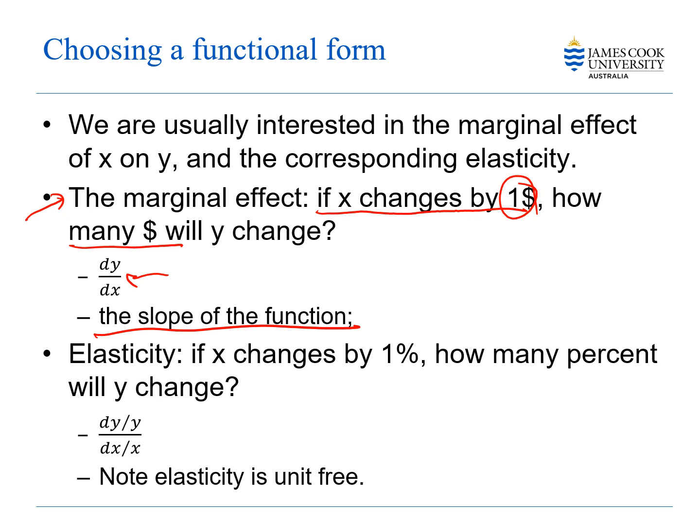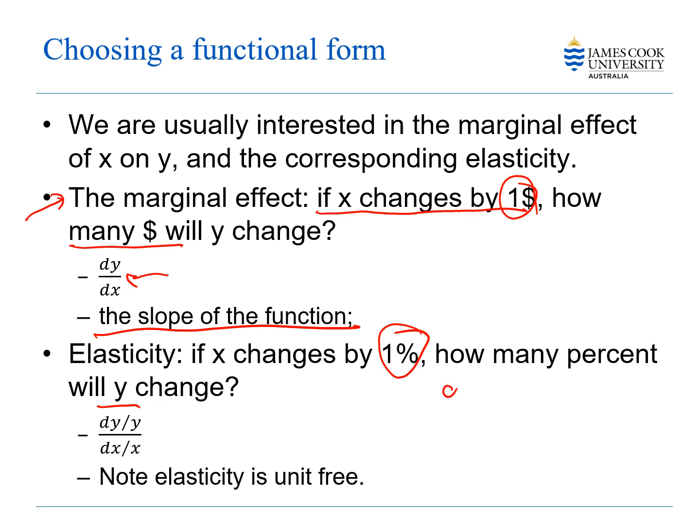Elasticity measures, if x, say household weekly income, changes by 1% rather than by $1, how many percent will y, the food consumption expenditure, change? Percent is not in terms of dollars.